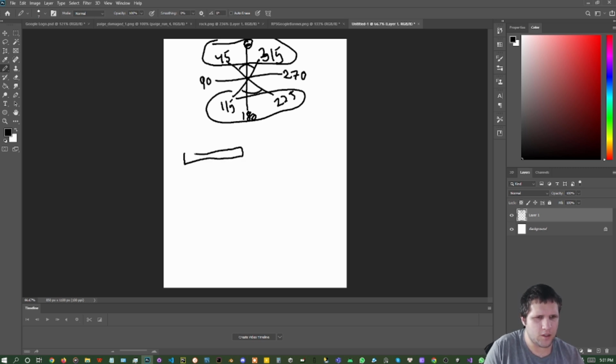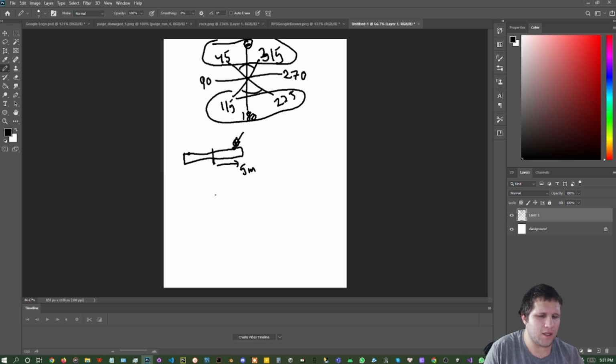Now, as far as I know, there is nothing in Unity that will tell us what point of a collider our ball hits. So if we hit here, I don't think there's a thing in Unity that will tell us that our ball hit like 5 meters away from the center.